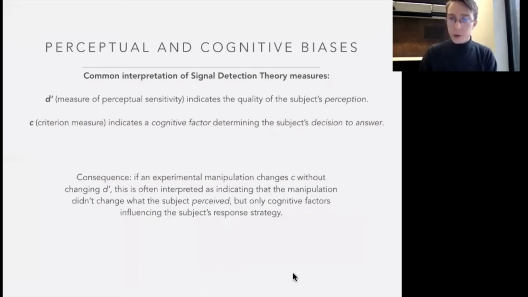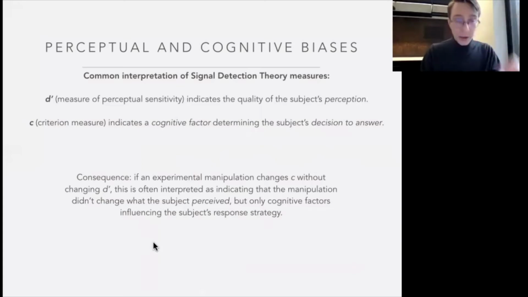And the consequence of this is that, let's say that I have an experimental manipulation, like I zap your brain or I do something. And this manipulation changes C without changing D prime. The inference that most people will draw is that that manipulation changed your tendency to respond, but not your actual experience. Okay, that's the inference that most scientists will draw based on this.